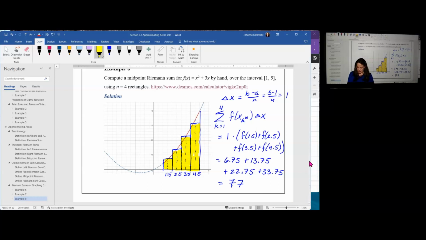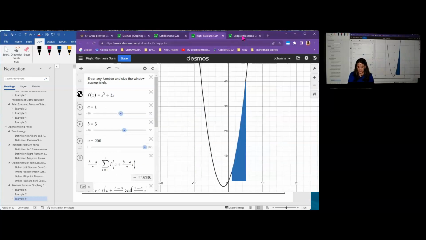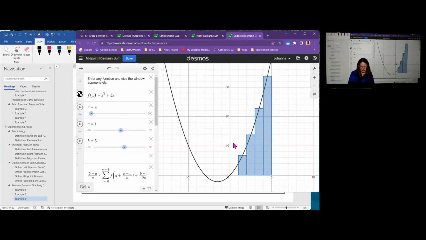Let's now take a look at the midpoint Riemann sum in Desmos. Again, we only affect the values at the top, and you can see that it's giving us the value of 77. Now we're going to increase the number of boxes, but slowly, to see how long it takes us to get much closer to 77.3 repeating. 10 boxes, I'm at 77.28.